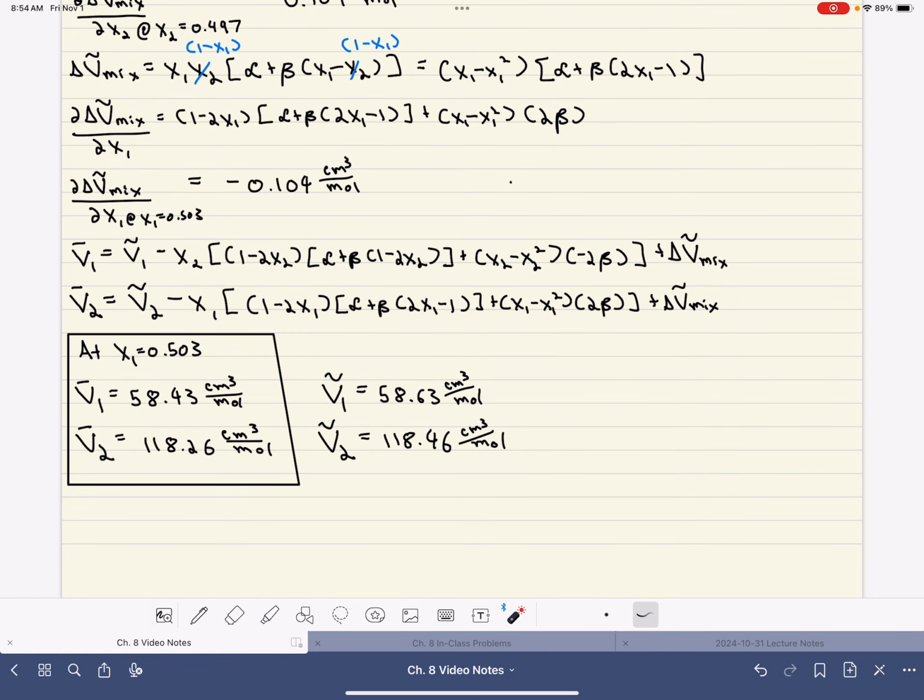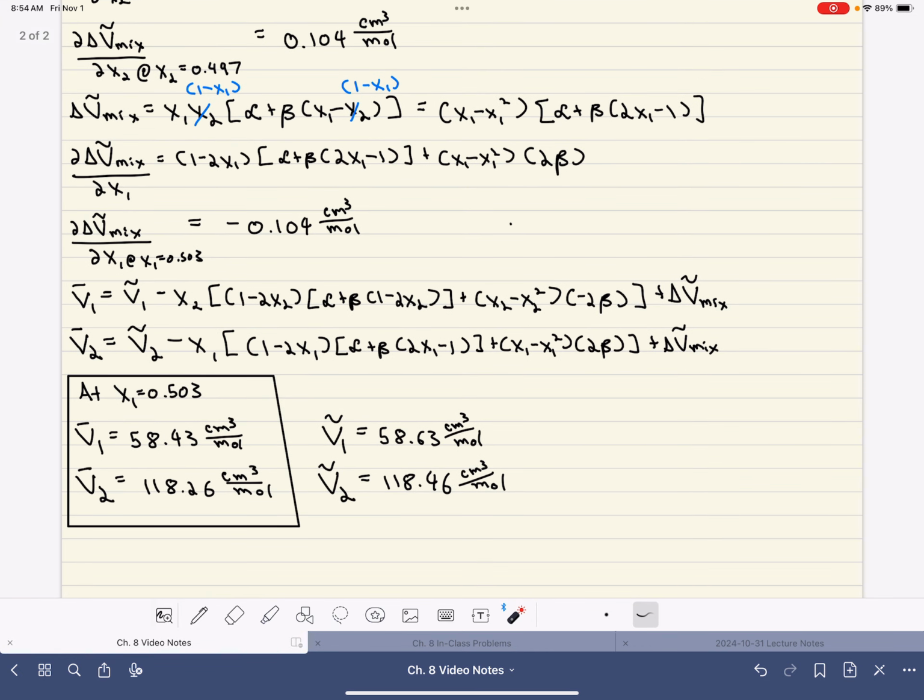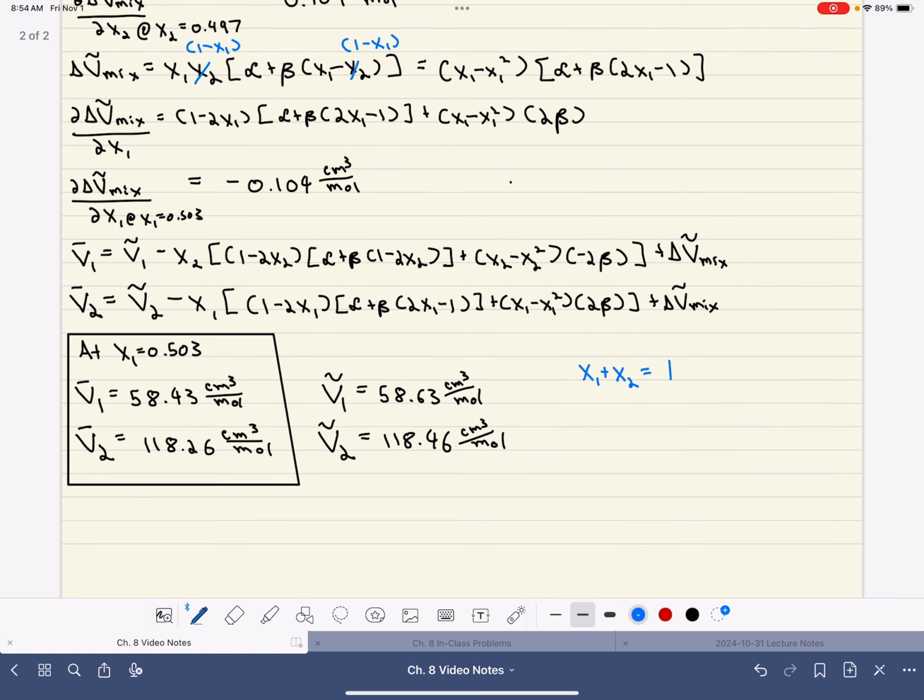All right, and so here, we went through an exercise to actually calculate the partial molar volumes. Just to remind you about what I was discussing earlier when it came to the mole fraction derivatives. And so here, x1 plus x2 is 1. If you take the derivative of the left-hand side, you could distribute across the derivative, right?